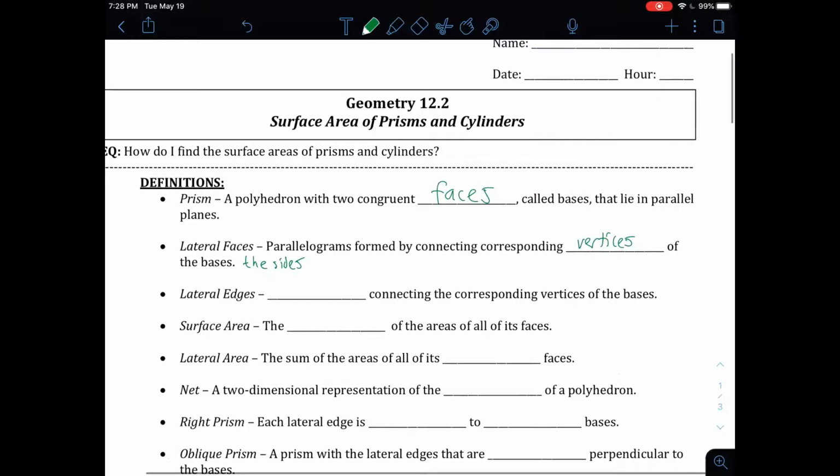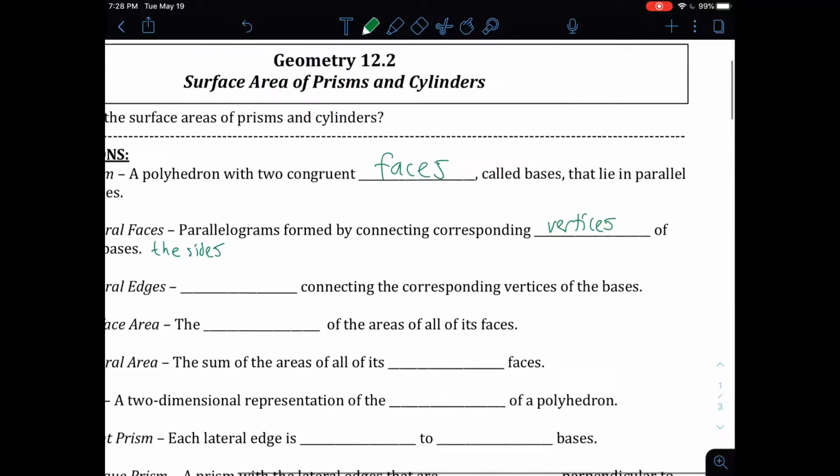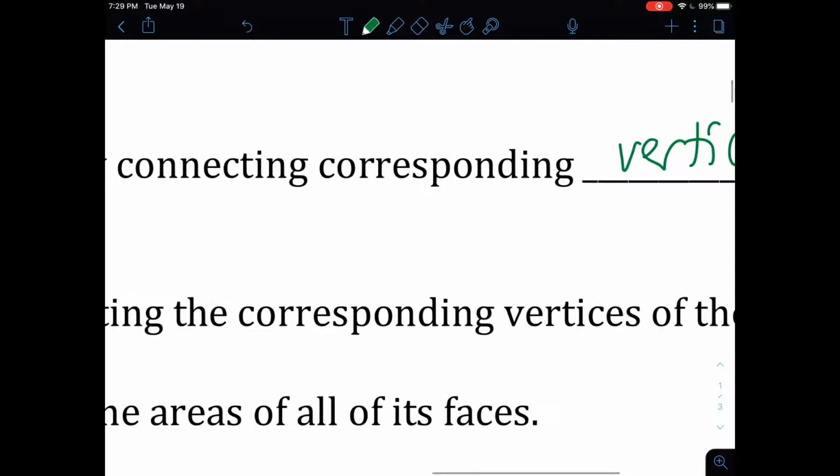Okay, I'm going to draw probably a pretty poor prism here. Do the best we can. Actually, let's go like this.